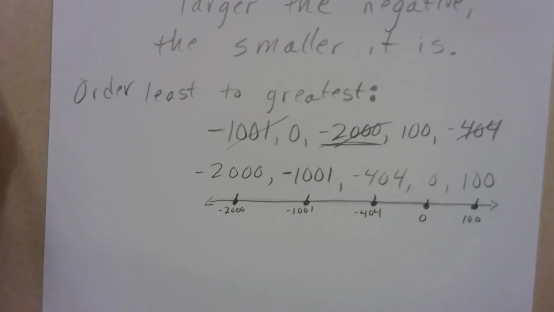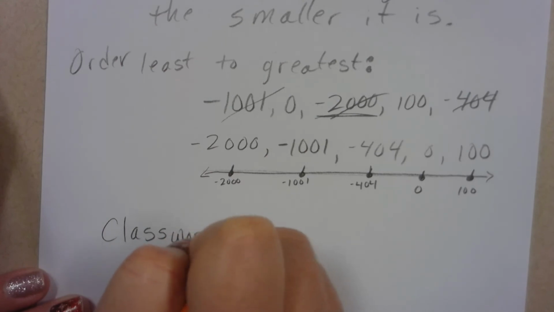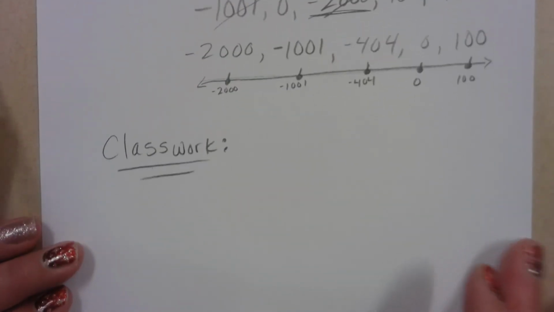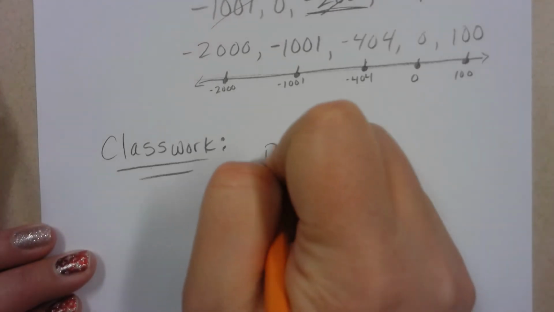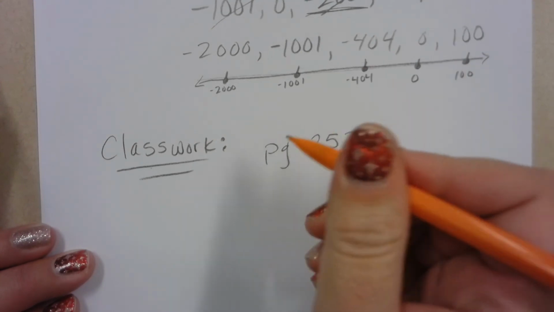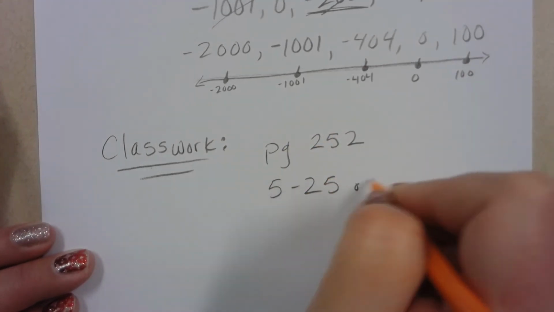Okay, so your classwork, because you're going to have the whole hour to finish. Remember, this is only homework if you do not finish it in class. You guys are going to do in your textbook page 252, and I would like you to do 5 through 25 odds only.